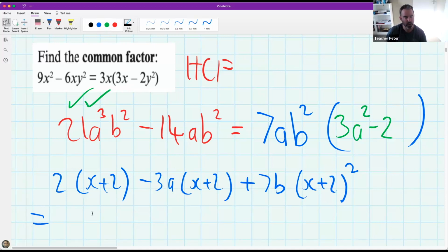Now, it's a bit harder, so I'll give you some time. And I want you to think about how you would factorize that using the HCF method.